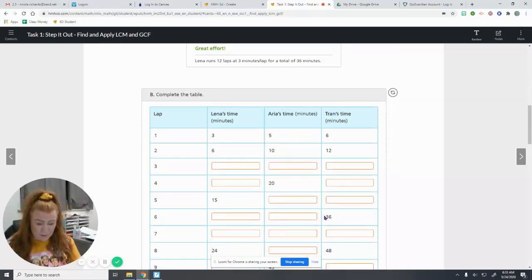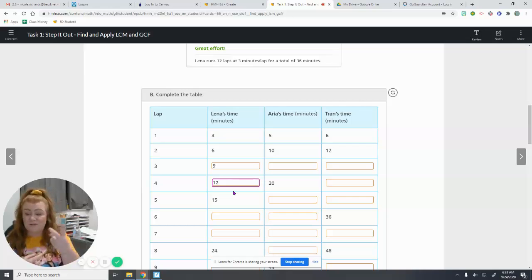Okay, so now we are going to complete these charts here, and we're going to do that skip counting. So 3, 6, 9, 12. If you don't know your 3s or your 5s or your 6s that are on this chart, all you have to do is count. So 3, 4, 5, 6, 6, 7, 8, 9, 9, 10, 11, 12, 12, 13, 14, 15.